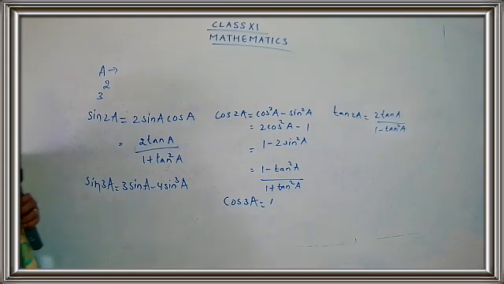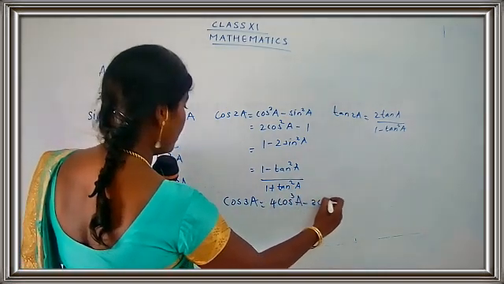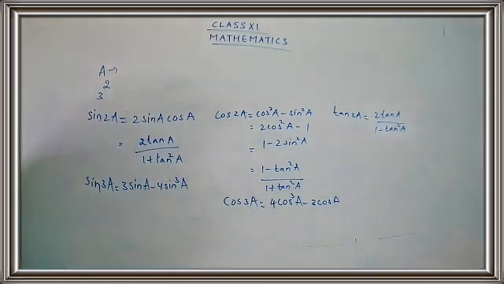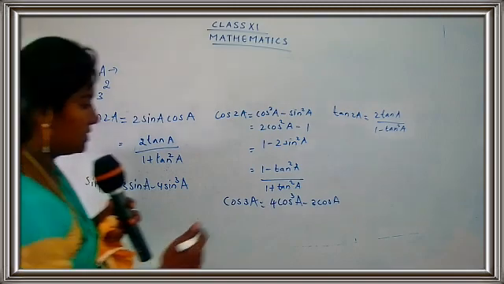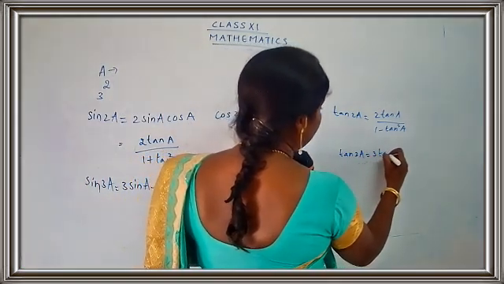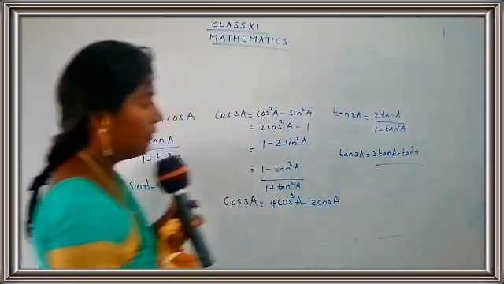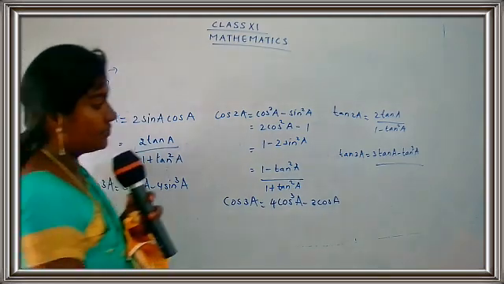It's 4 cos cube a minus 3 cos a. And also we have seen a formula for tan 3a. What is the formula for tan 3a, children? It's 3 tan a minus tan cube a upon 1 minus 3 tan square a.